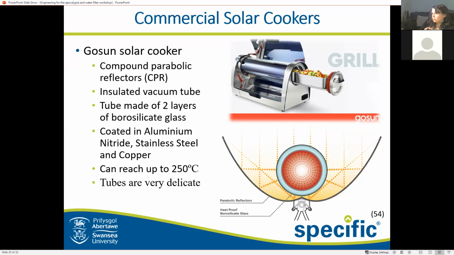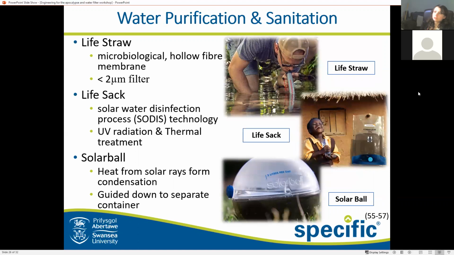But moving on to other issues, something that we will be looking at quite a lot more in a bit is water purification and sanitation. When I'm referring to it here, these are commercial methods which are really useful and reliable at removing contaminants.